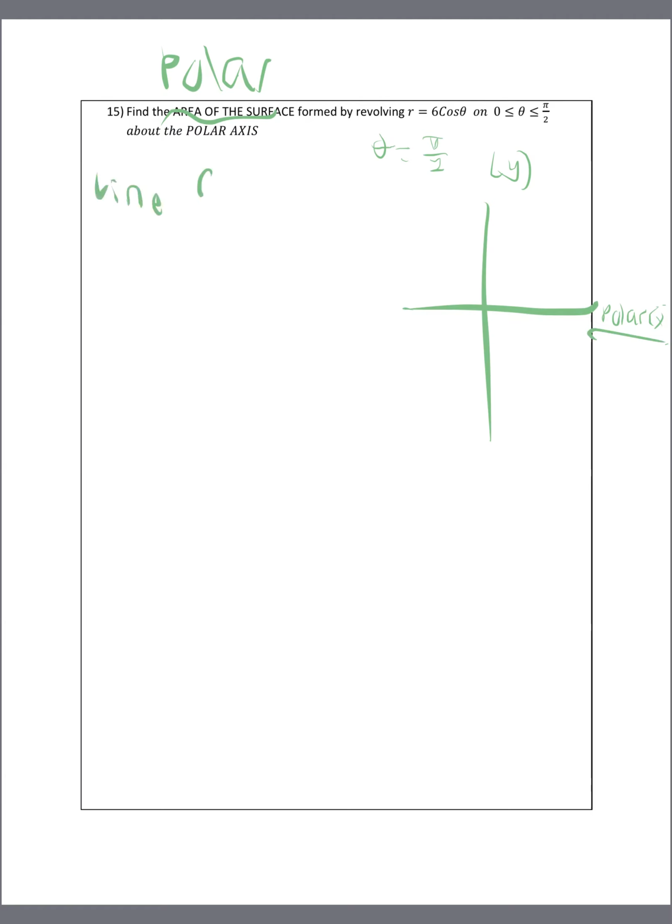So in terms of polar lingo, we have a polar axis, which is like your x-axis. So I'll write an x here. And then you have your y-axis, which they just call theta is equal to pi over 2. So either you have your x-axis, which is really your polar axis, or your y-axis, which they call the line theta is equal to pi over 2.